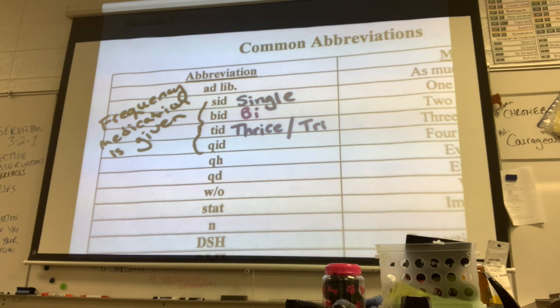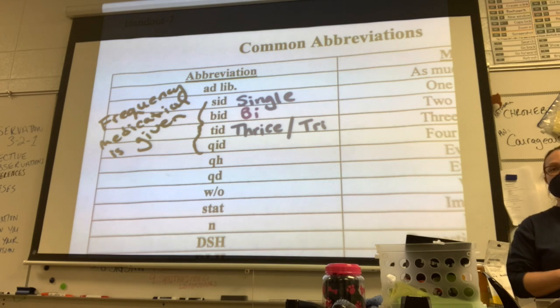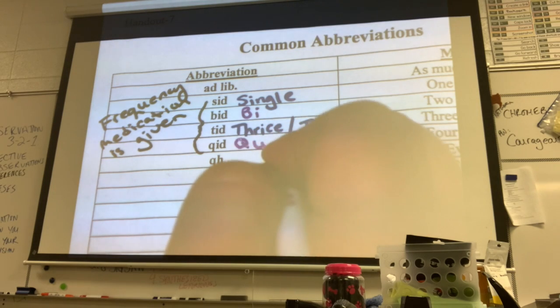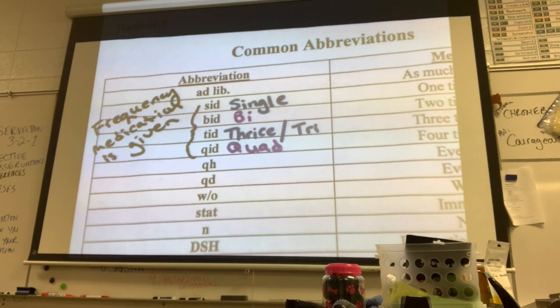And if I'm QID, what is that going to be? 4. What does it sound like? What else do I know of that's in 4s that starts with a Q? Quadruplets? Quadrilateral? So what's that prefix? Quad. So I want to think of quad.